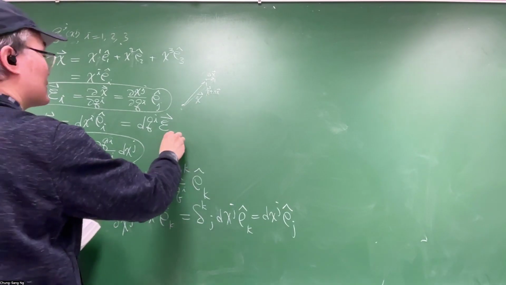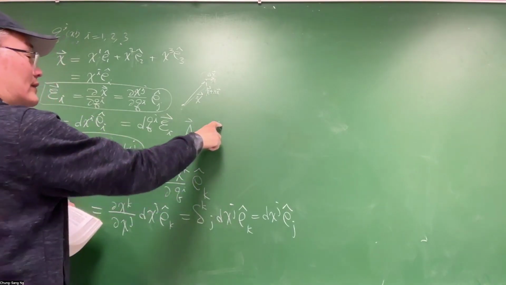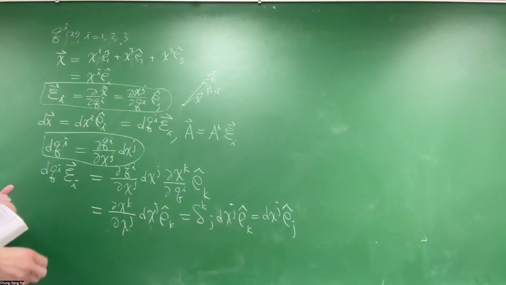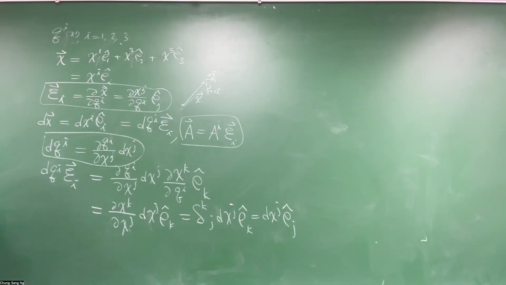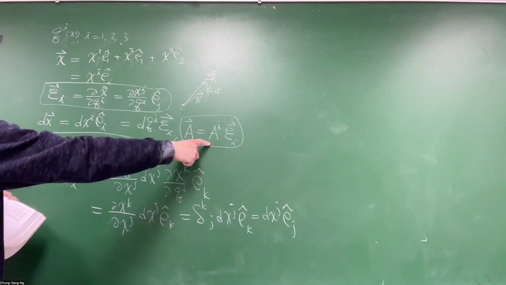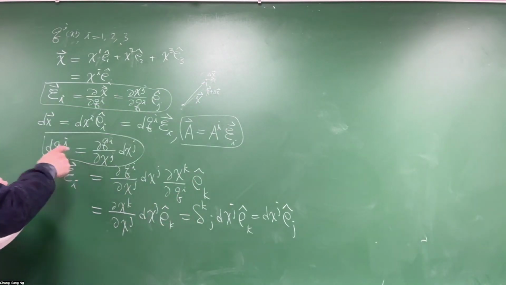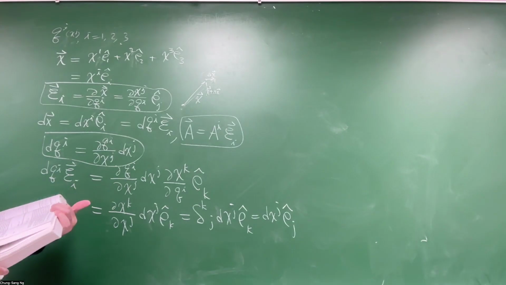If you have a vector A, then we have the contravariant components times the covariant basis. By the same discussion, all these contravariant components at the given position need to transform like a vector, using the contravariant vector transformation. That's just that equation.